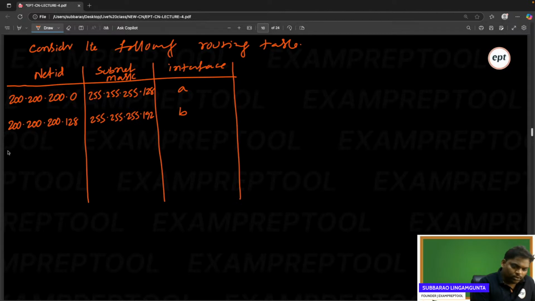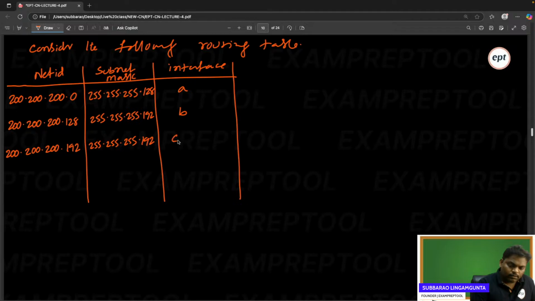The next one is going to be 200.200.200.192, subnet mask 255.255.255.192.